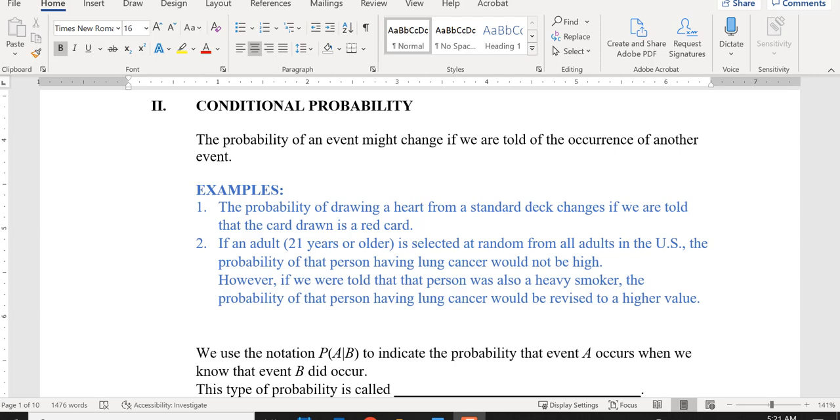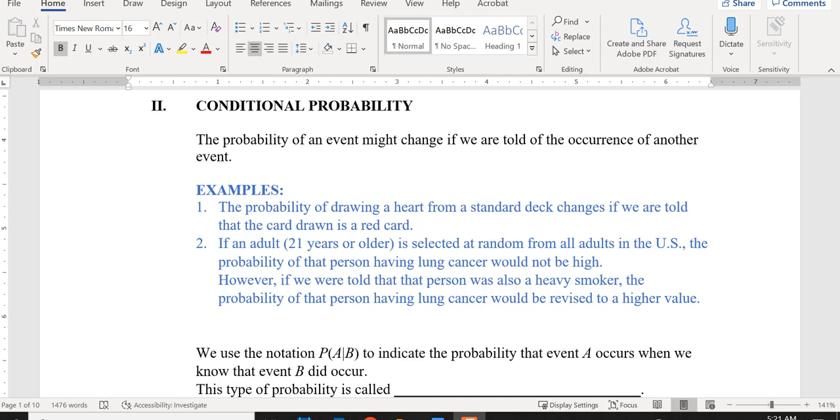Another example, if an adult 21 years or older is selected at random from all the adults in the U.S., the probability of that person having lung cancer would not be high. However, if we are told that that person was also a heavy smoker, the probability of that person having lung cancer would have to be revised and it would be a higher value.